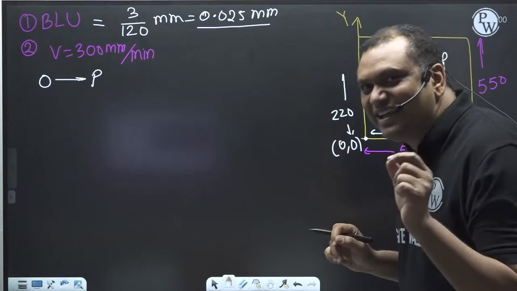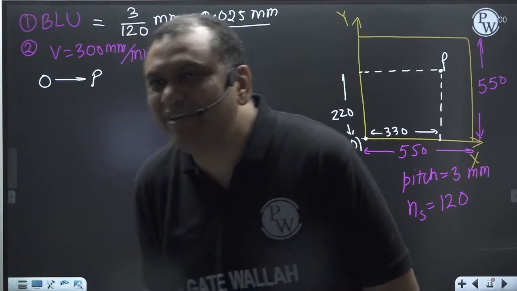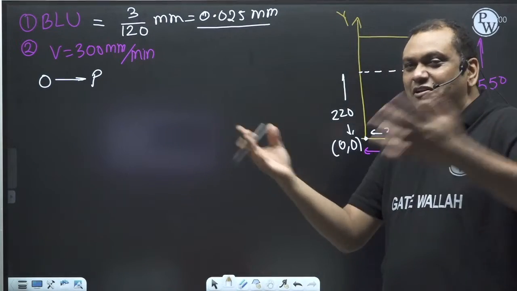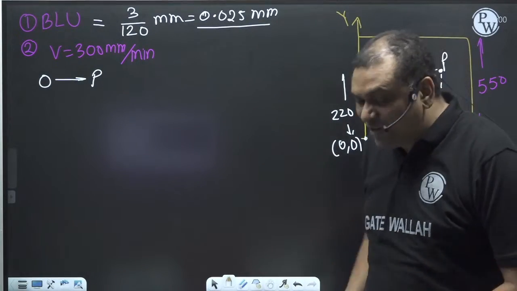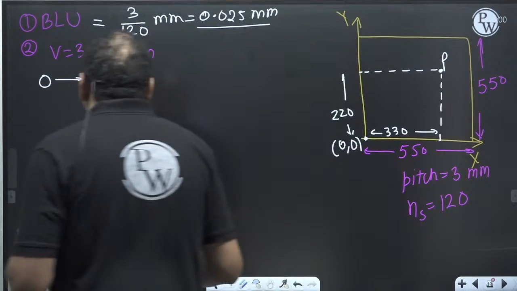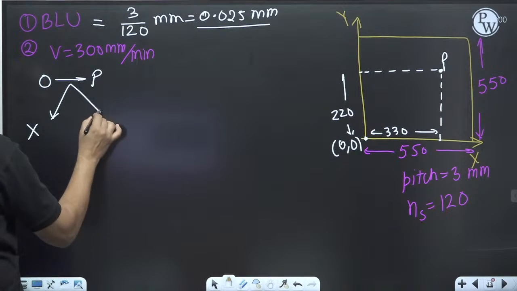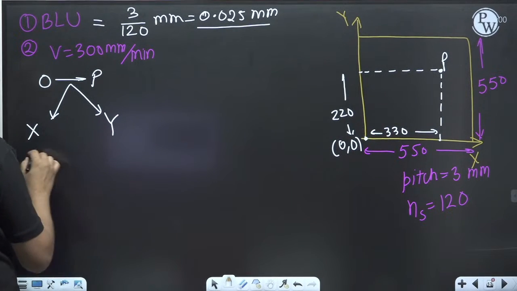Very good, all of you are correct in this BLU calculation. What I exactly want from all of you is this: there are two stepper motors, one along the x-axis, one along the y-axis.